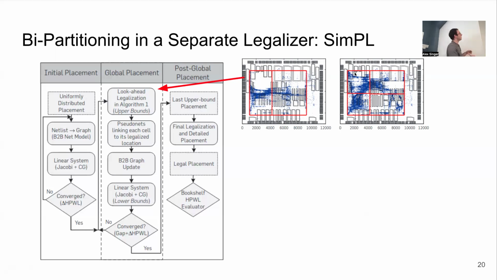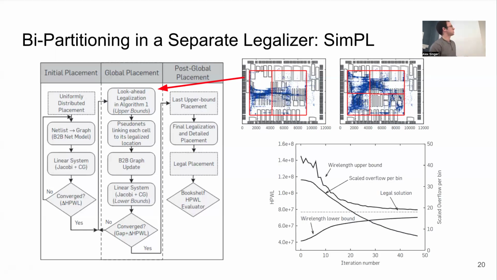It says, okay, I know I've picked this window so that its density is just right. So when I create this partition line, I should spread the blocks out so they use the density efficiently. It's their way of preemptively doing legalization to save time, and I think for ASICs, it provided them a lot of benefit.